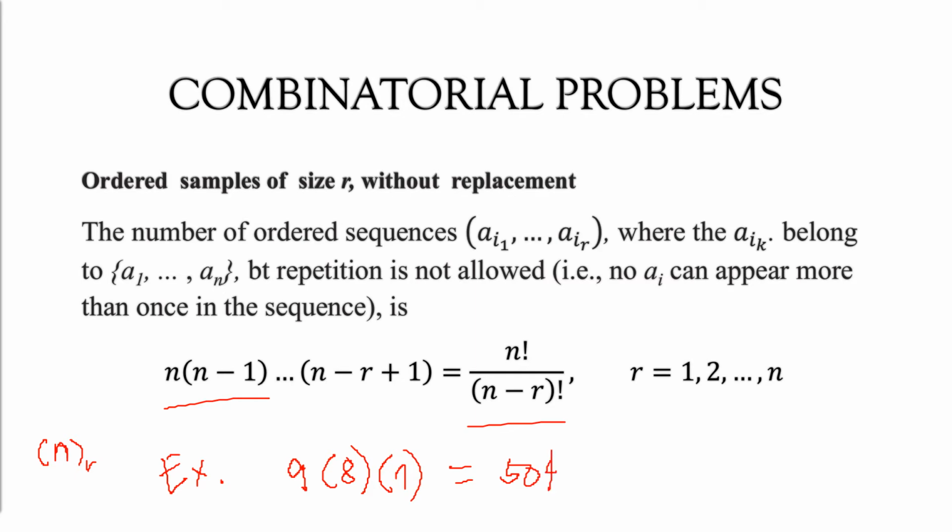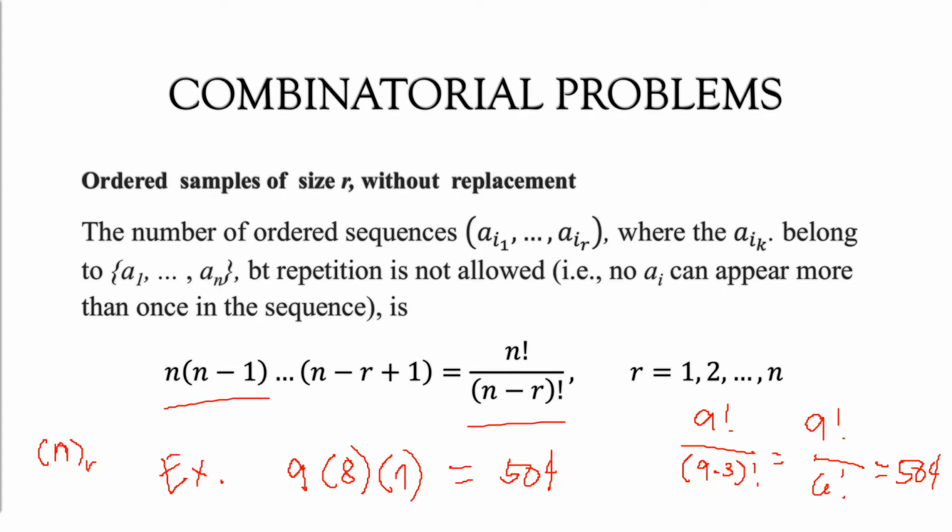Or if we use the formula, then we have 9 factorial over 9 minus 3 factorial, which is equal to 9 factorial over 6 factorial, which is equal to 9 times 8 times 7, which is again equal to 504. So that's it.